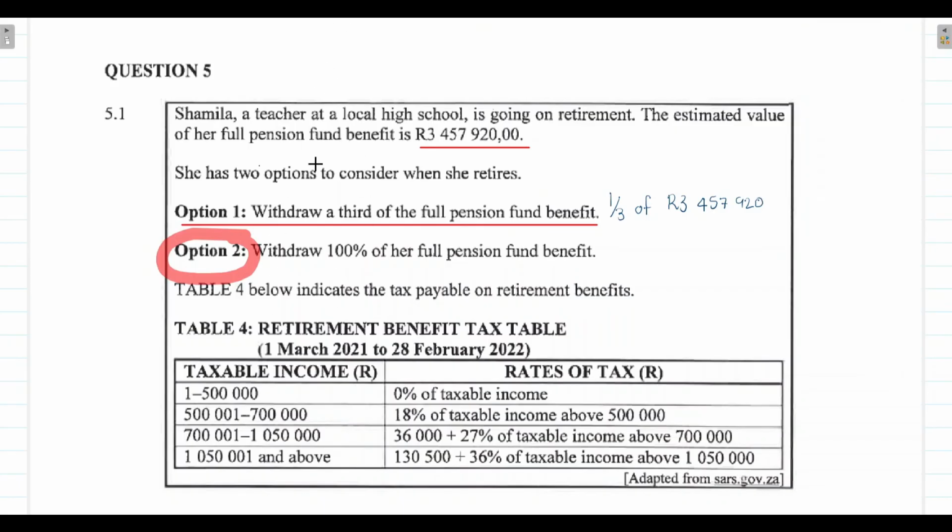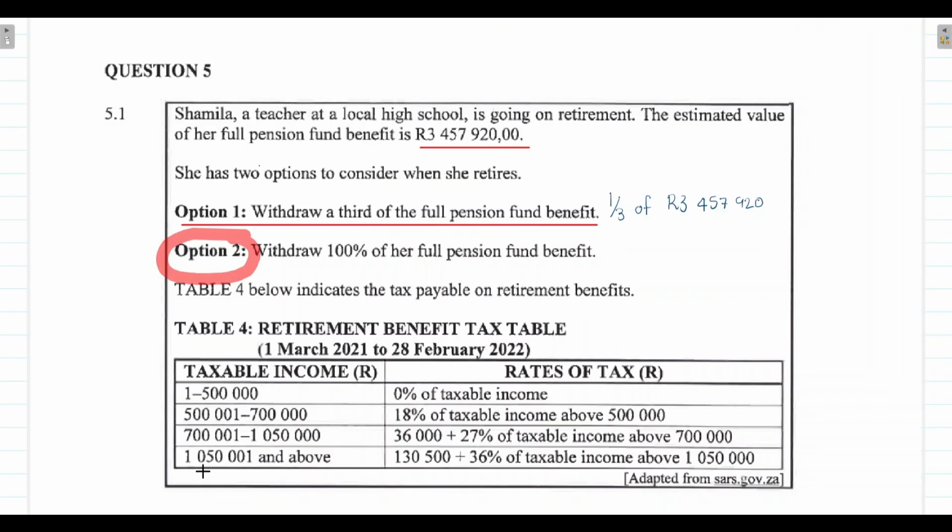And if she gets 100% of the full pension fund benefits, she's going to get 3,457,920. Now we need to determine which taxable income bracket this amount falls in, and it's nice and easy here.